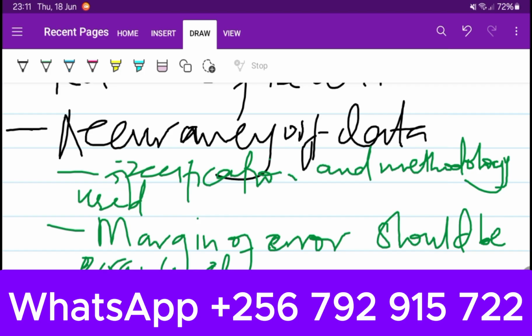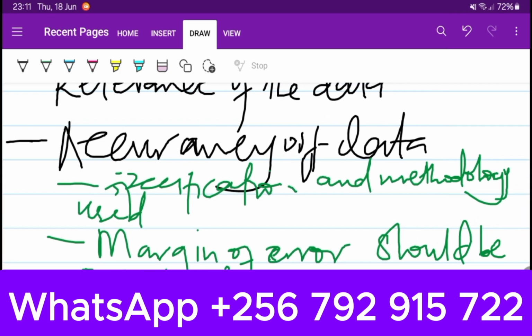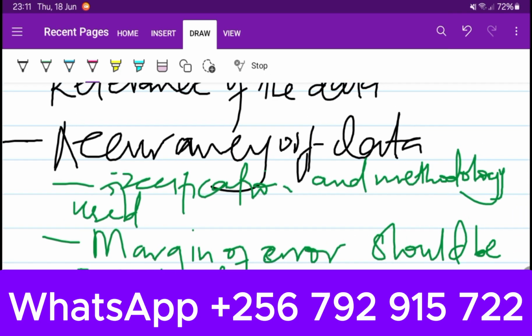But for now, just know that the margin of error, take it to be the error that is maybe associated within a given range. If maybe you are saying that the average age is, let's say, 30, but you are saying that this 30 maybe falls in a range of, let's say, 20 to 40.